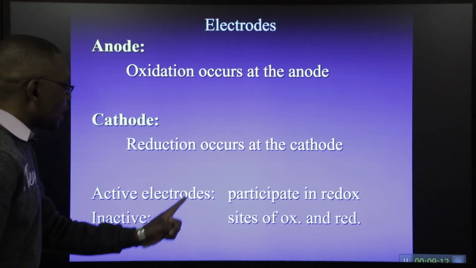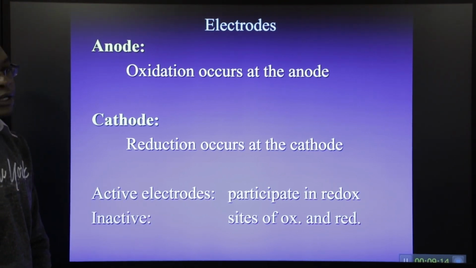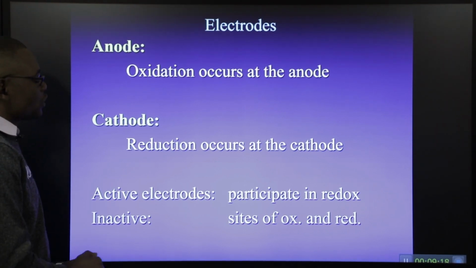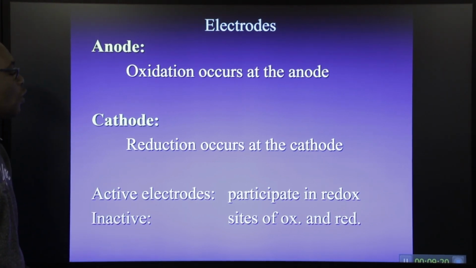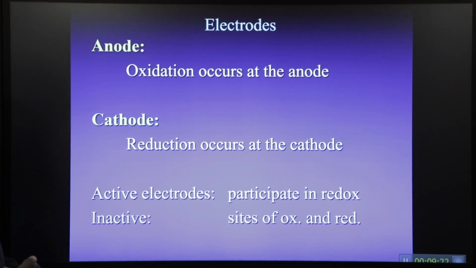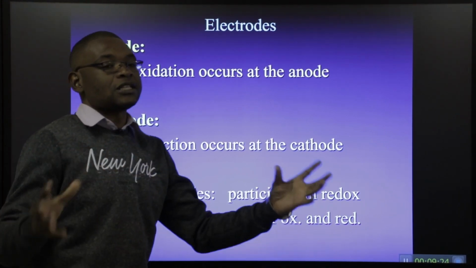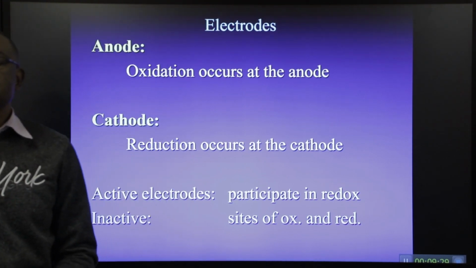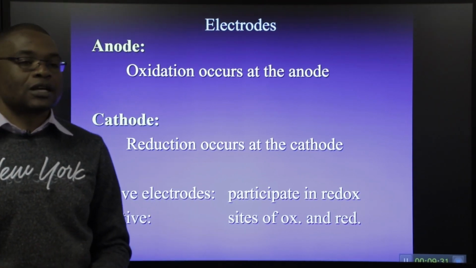So we do have active electrodes, and we also have inactive electrodes. An active electrode also participates in the redox reaction. So you see that in a setup of an electrochemical cell, you can tell whether an electrode is active or not active.